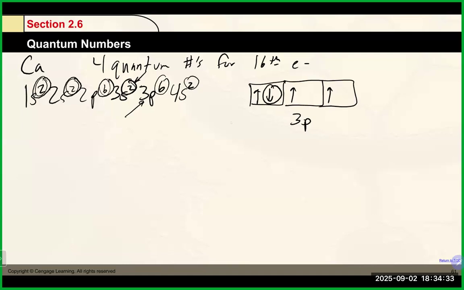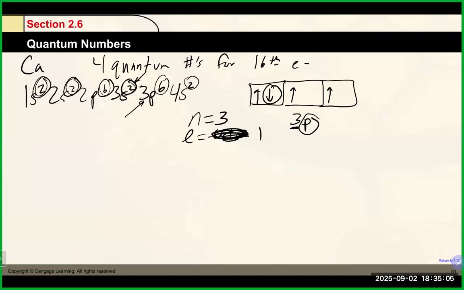And now that I know that, my 4 quantum numbers, my n should be which number? n in this case is quantum number 3, since it's on the 3rd energy level. l in this case, because it's 3, could be 0, 1, or 2. Which one is the right number there? It should be 1 because it's in a p orbital, so it cannot be all 3 because we're specifically talking about that circled electron.